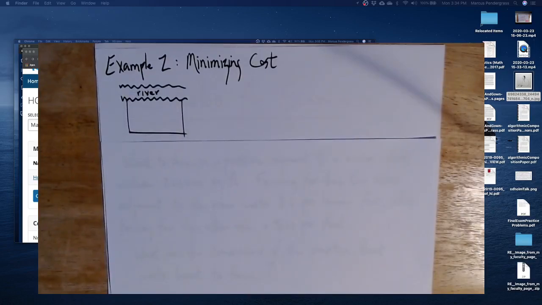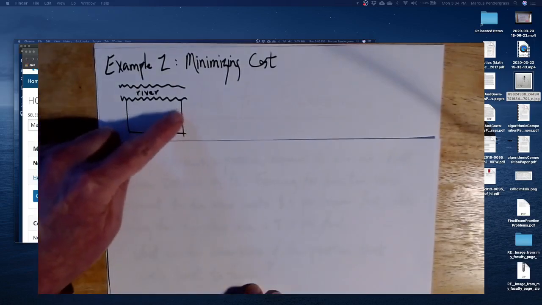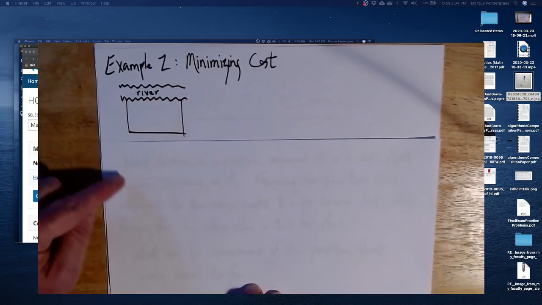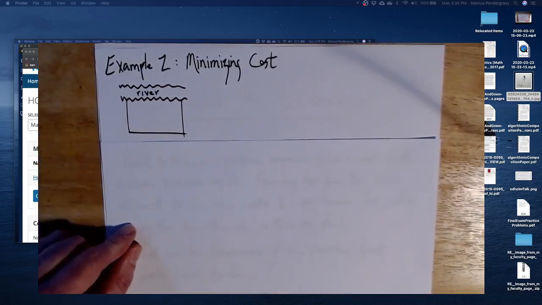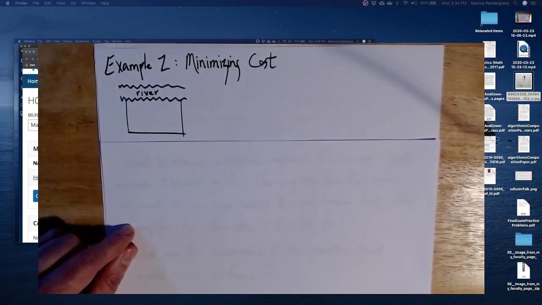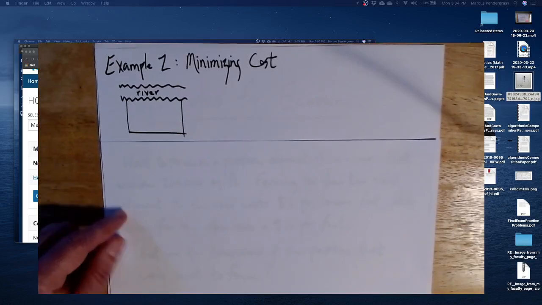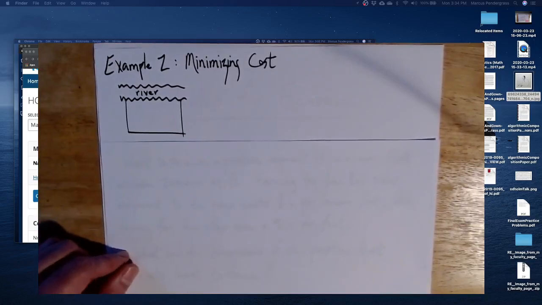Basically, I'm imagining a pasture here that's adjacent to a river. And I want to fence in 200,000 square feet of that pasture. So that's a pretty healthy sized chunk there. But there are some costs associated with that.